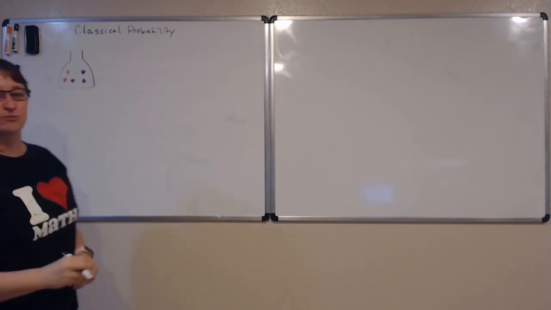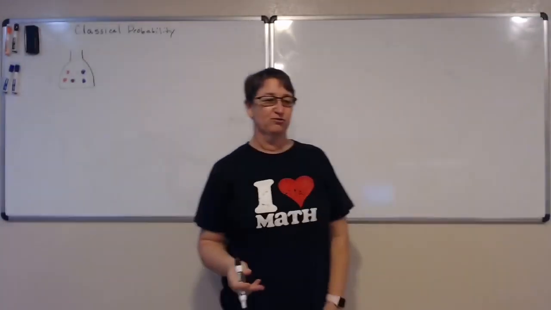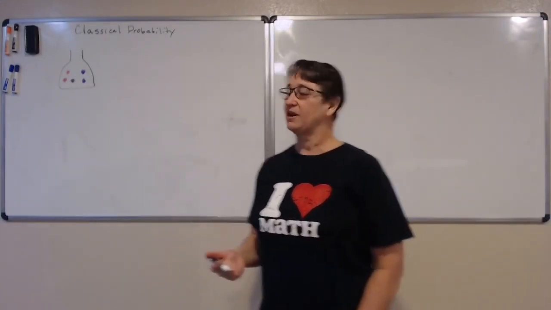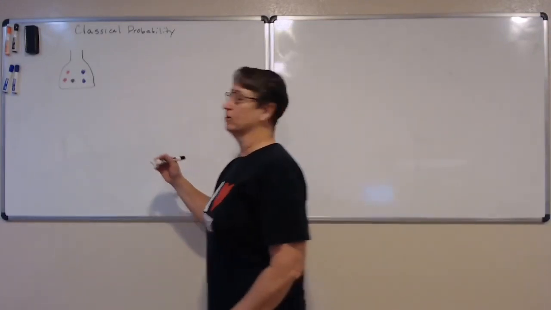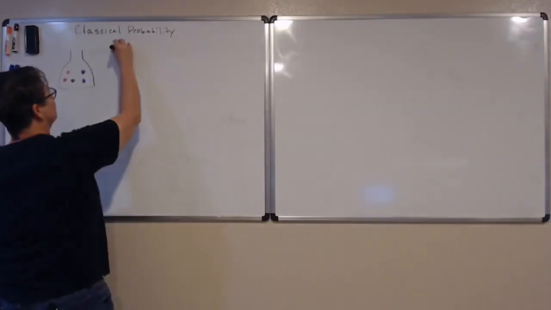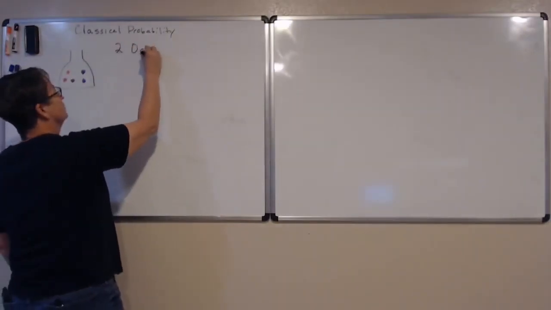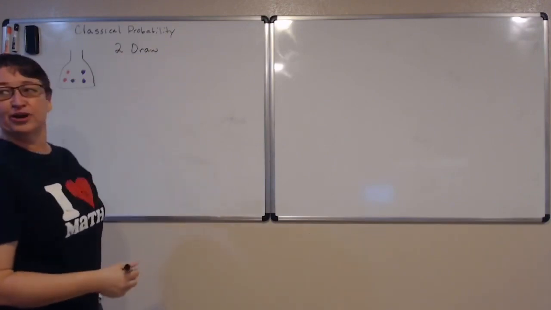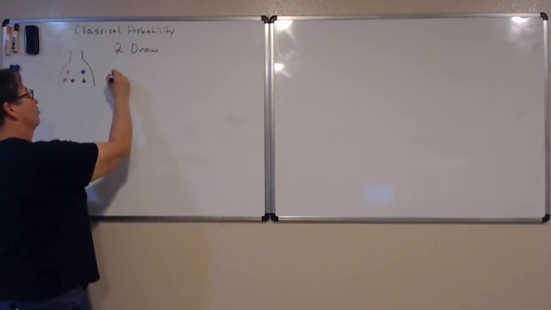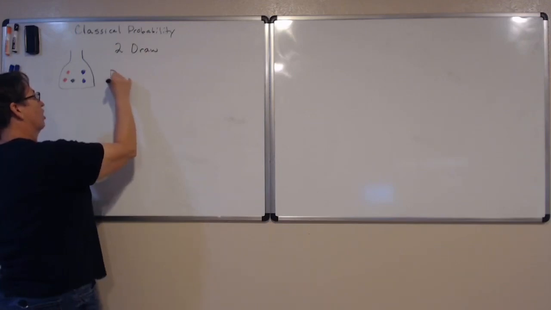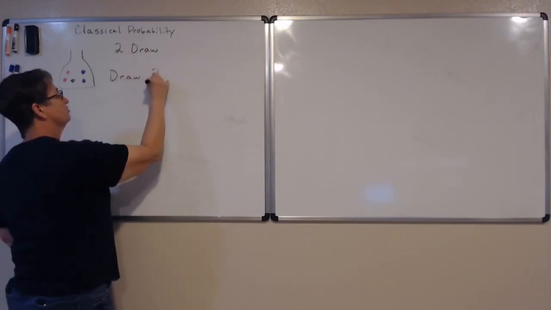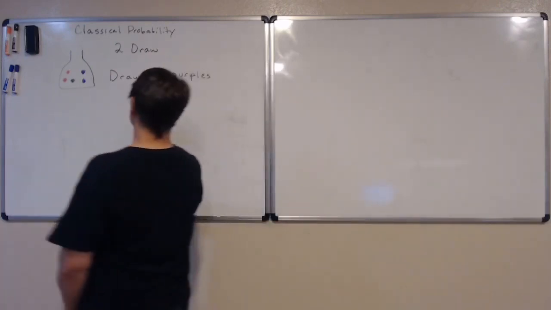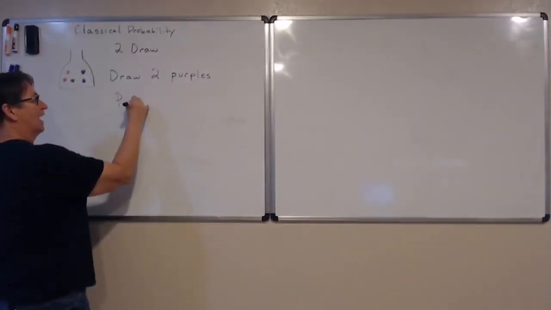Alright, so I want to use the same ones as yesterday because we already went through the process of doing the words on it. So yesterday, I think we were at first doing draw 2 from the urn, and then we wanted to know what's the probability that we draw 2 purples. So we're going to draw 2 purples, and the way we did it was we said we were going to draw a purple and a purple.